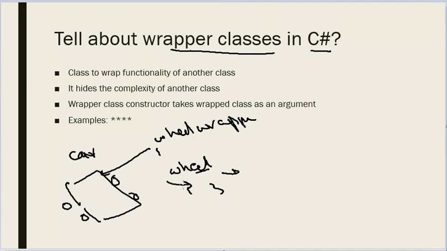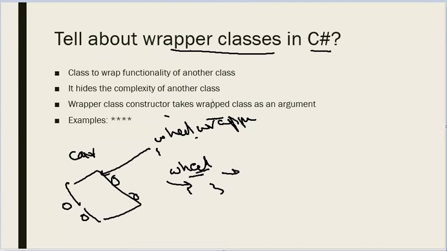This is how wrapper classes conceal the inner classes they wrap and hide their complexity. Normally the wrapper class takes the wrapped class as an argument and provides the functionality to the outside world.